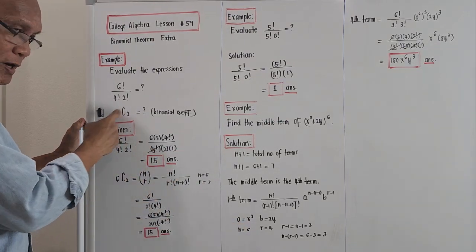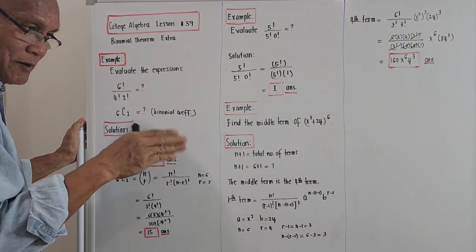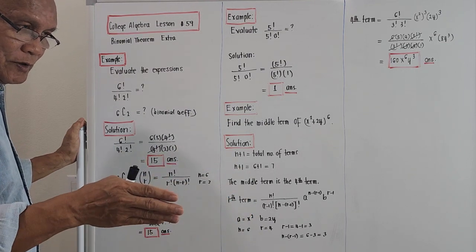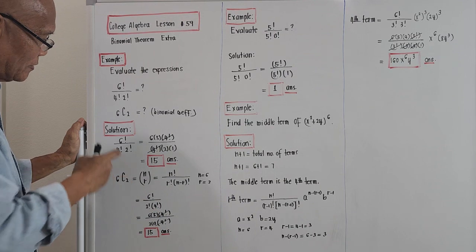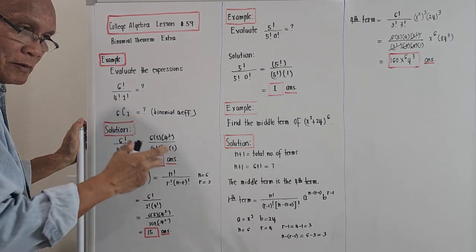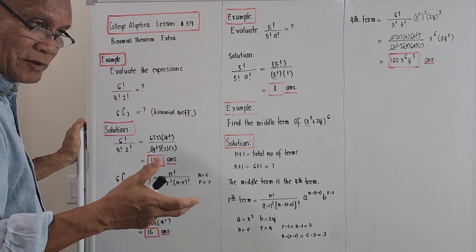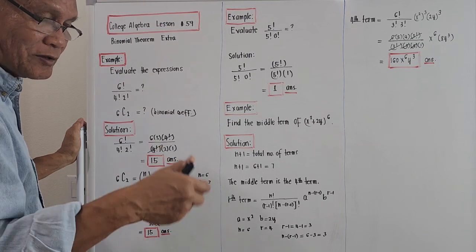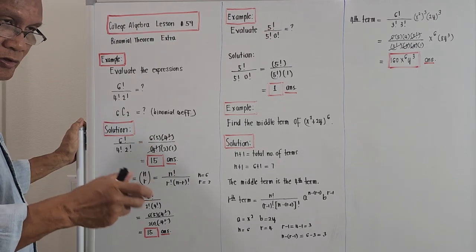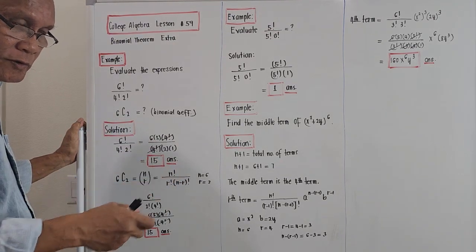Just be aware of this one because this may come out on the SAT exam. They might ask you to evaluate 6 capital C with the subscript 2. So at least we now know what that notation is. This notation is the notation for a binomial coefficient.